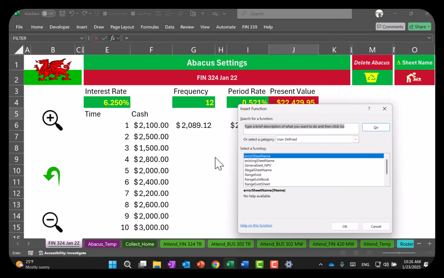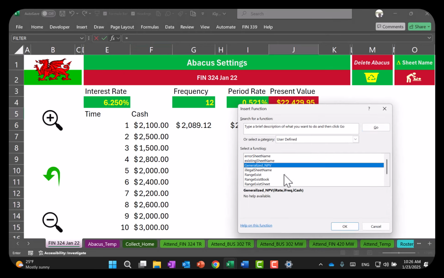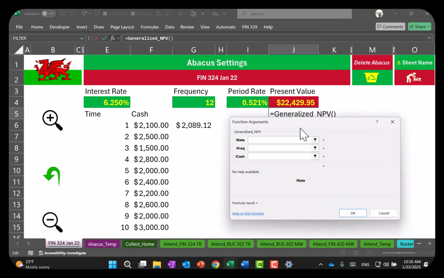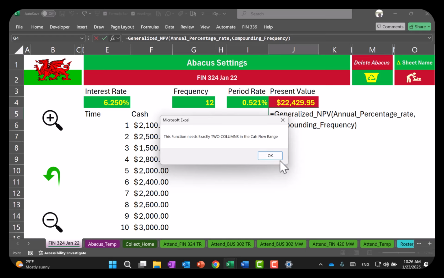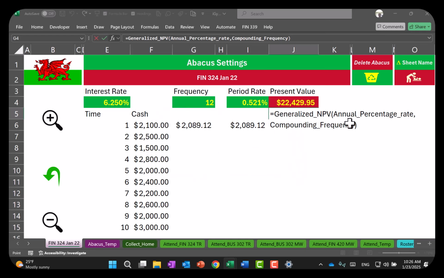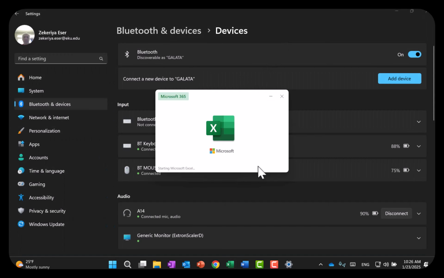And if you don't remember the syntax, go to fx function, user defined, generalized MPV. irate, I'm using actually the APR, okay? ifreq is the frequency, and icache, come on.